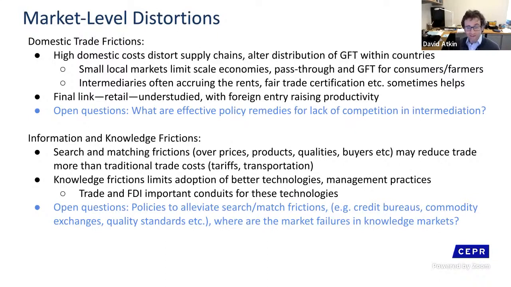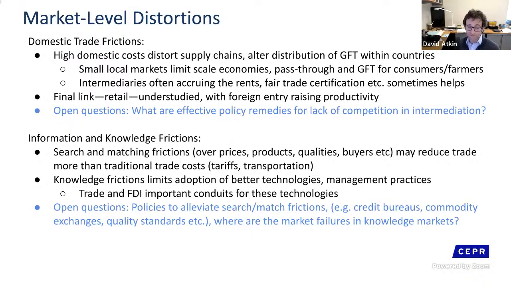And we're starting to learn that these types of search and matching frictions are incredibly important and may in fact reduce trade more than the traditional trade costs, tariffs, and transportation costs that we typically focus on. And so these types of frictions definitely deserve a lot more attention.